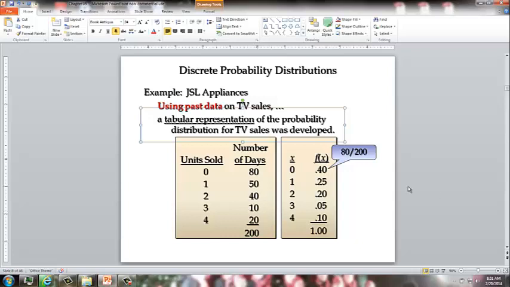So you will see in the other box, we now compute the relative frequencies of these possibilities. What it all boils down to is that you can consider these relative frequencies as also the probabilities for each possible number of units sold. Remember this approach? This is the so-called relative frequency approach, which was described in Chapter 4.